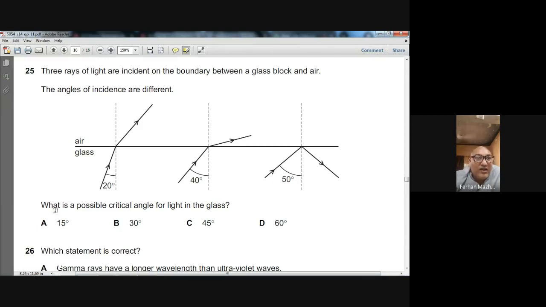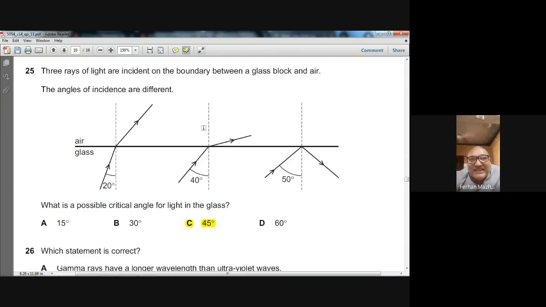So look at here. What is the possible critical angle for the light? The critical angle value is more than 40 and less than 50. So with a little logic, you will know C is the possible critical angle. Because when total internal reflection happens, the angle of incidence in the dense medium is more than the critical angle.